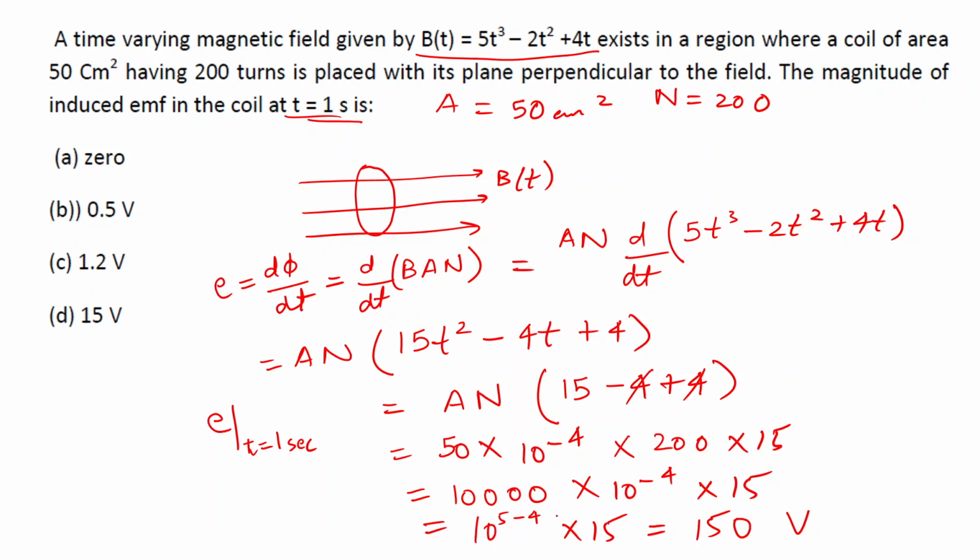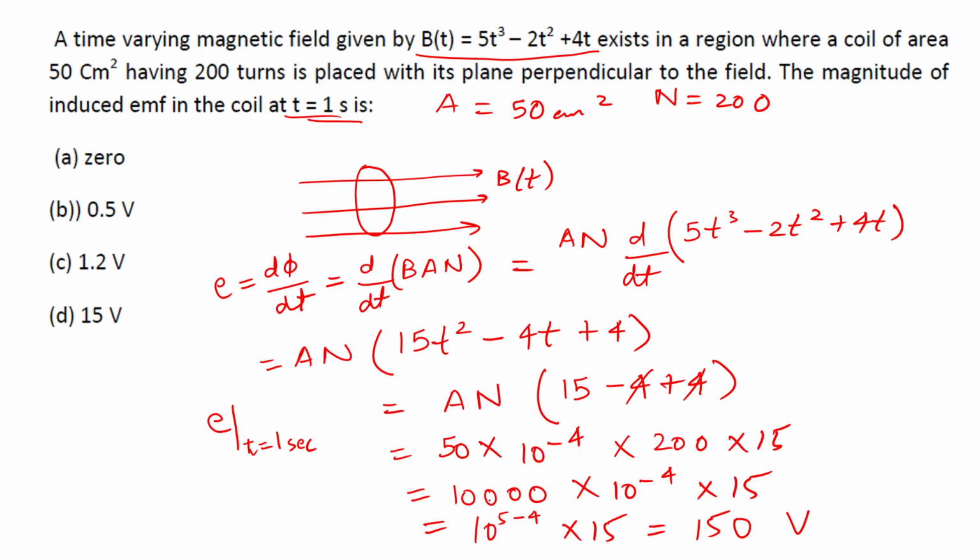The magnitude of induced EMF in the coil at t equal to 1 second. 15 times 10, it is coming. 50 times 10 to the power minus 4, 200 times 15. There's a milli somewhere.